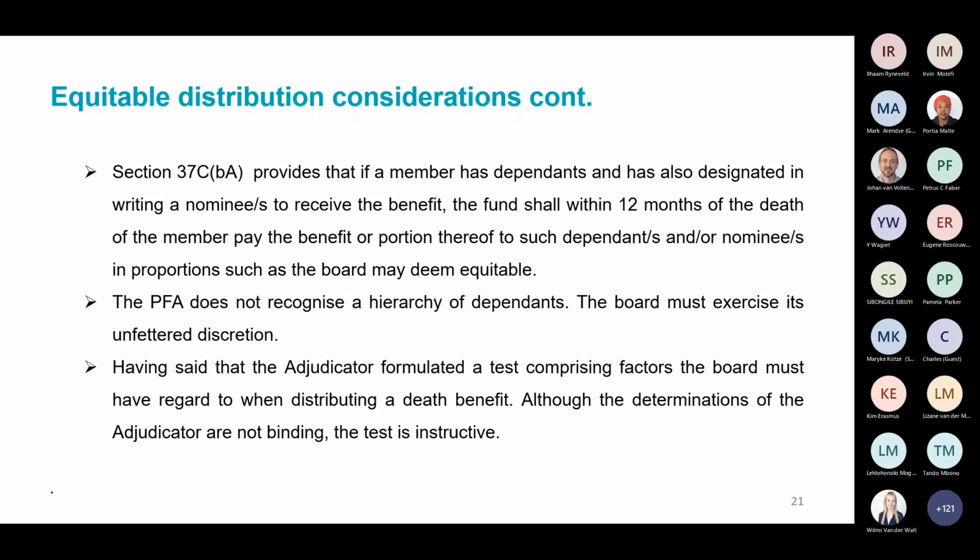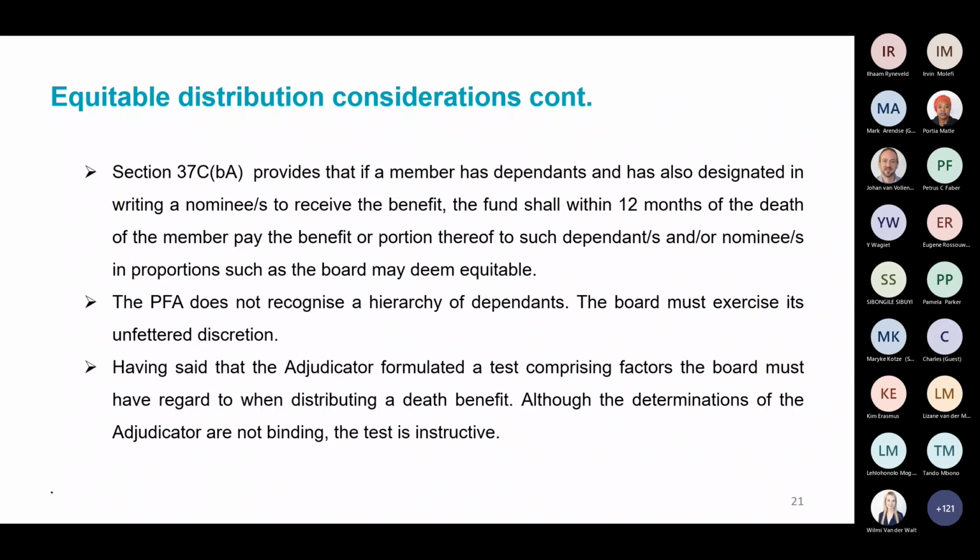So you'll take your basket of dependents, you'll take your nominees, to put it differently, and then you'll make an equitable distribution between the dependents and nominees. The Pension Funds Act doesn't recognize a hierarchy of dependents, and it's very important that the board exercises its unfettered discretion.